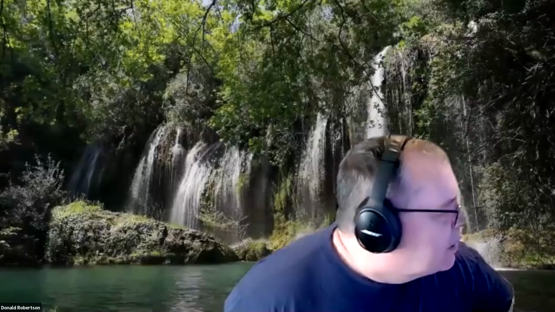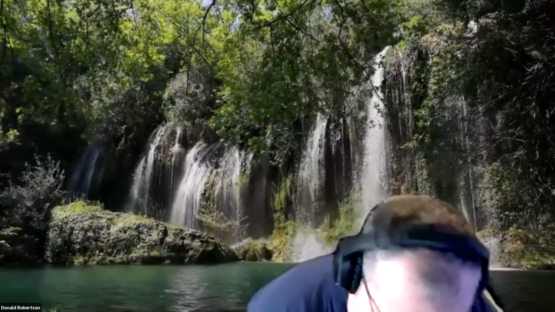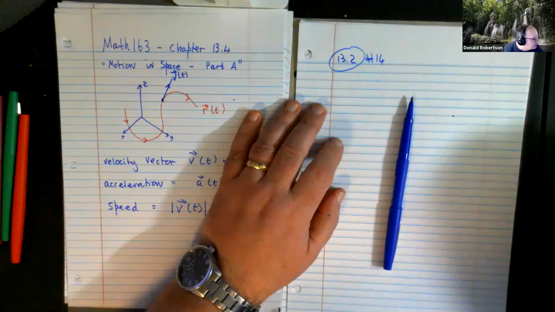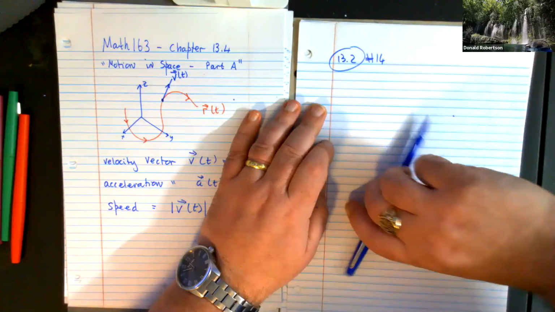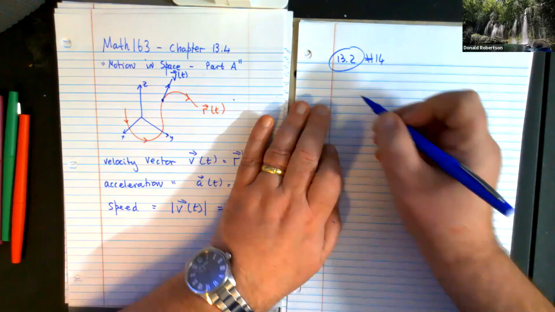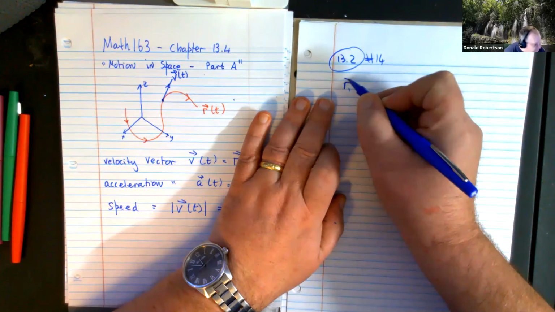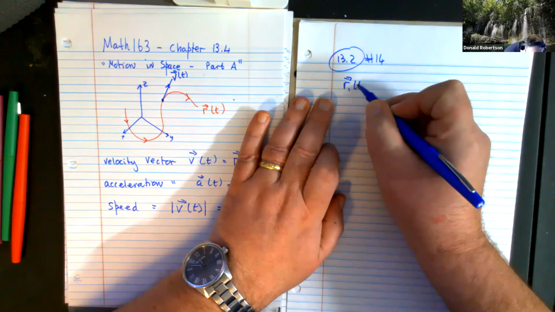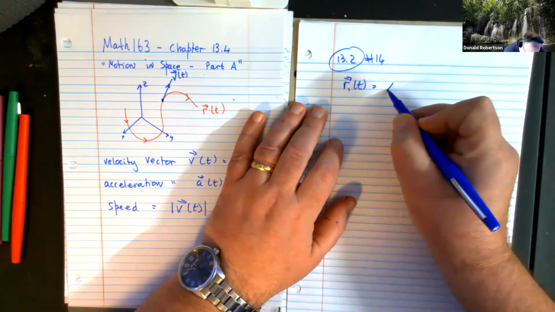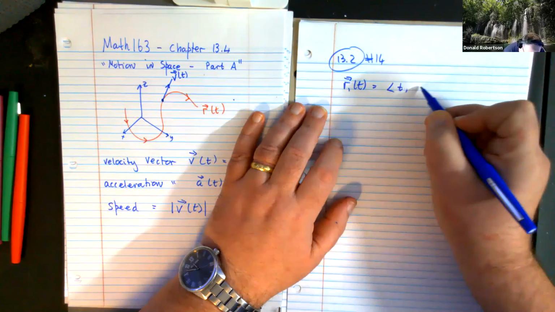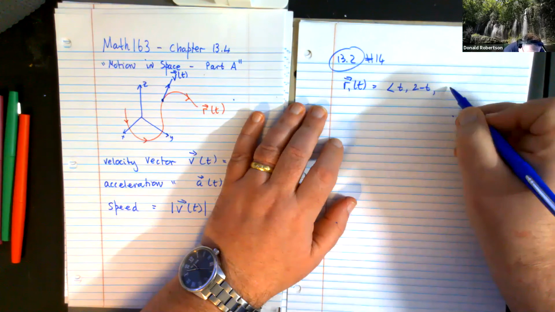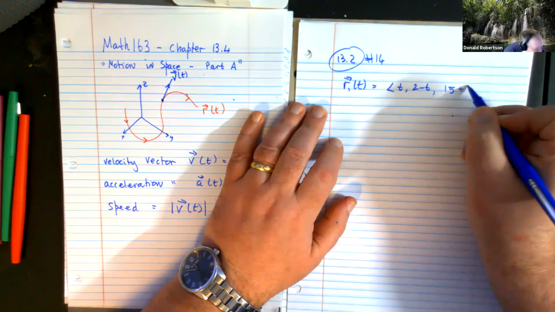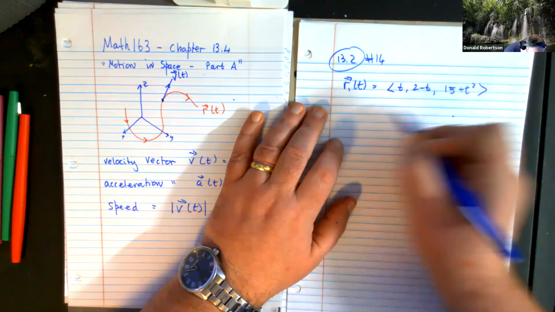Click. Okay, so this is the information. I'll be transferring it to the white screen so we can see it. And we'll see what we get here. So I got a space curve R1 of t, and it's equal to t, 2 take away t, and 15 plus t squared. And this time they did what they should have done in that other question.